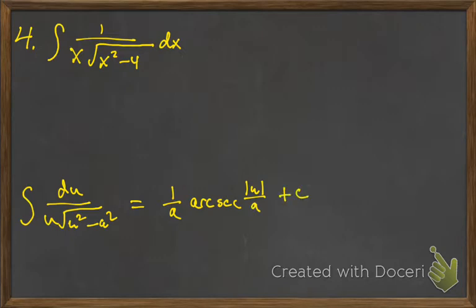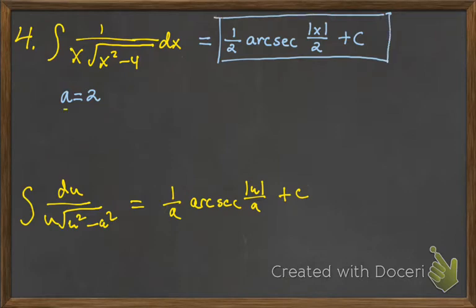So that looks like the arcsecant to me. Okay, where your a is 2, so it's going to be 1 over 2 arcsecant absolute value of x all over 2 and then plus c. So that was a pretty straightforward inverse trig function there.